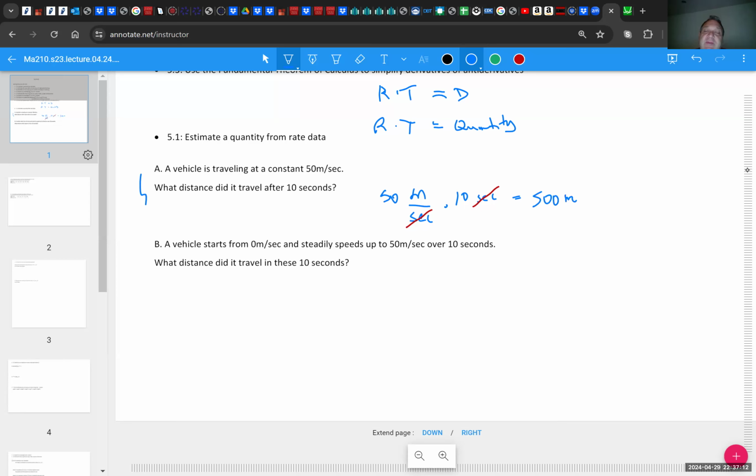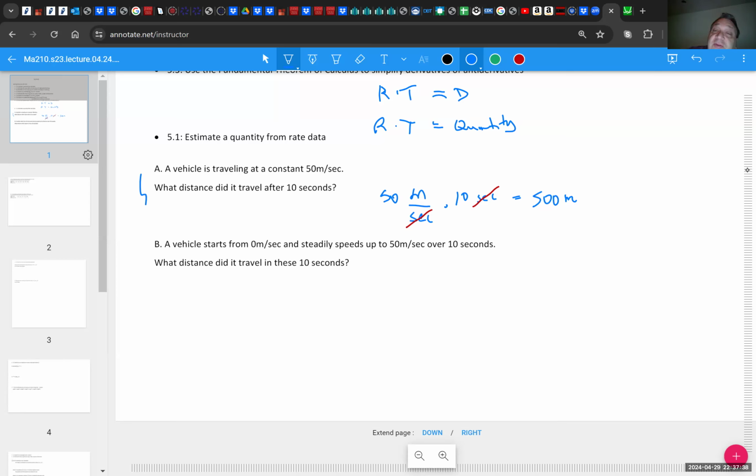Even without these formulas, you can figure this out. During the first second, you traveled 50 meters. During the next second, you traveled 50 meters. You travel 50 meters each second, so in total you'd have 10 times 50 meters. So 50 meters per second literally means every 1 second I've gone 50 meters. After 10 seconds, you've gone 50 times 10, or 500 meters.